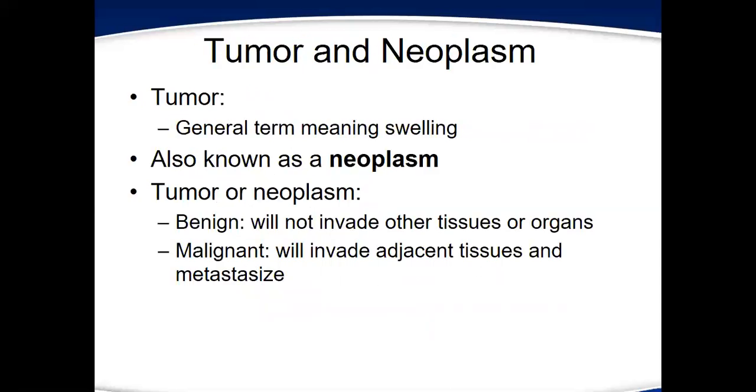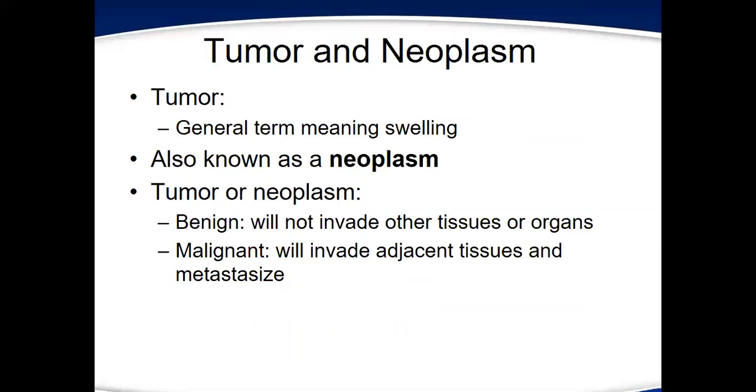Now, tumor is a general term meaning swelling. A tumor is also known as a neoplasm. You will find people use one or the other. Sometimes they're talking about the same thing, sometimes they aren't.